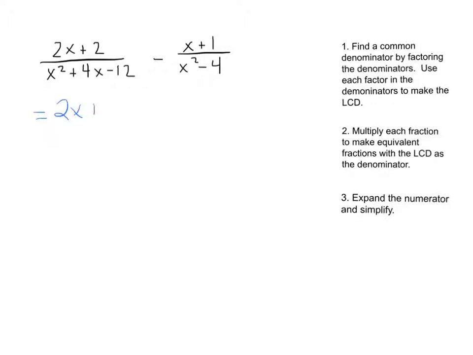So 2x plus 2, but factor the denominator. So the first denominator factors to x plus 6 and x minus 2. The second one is a difference of squares. So x plus 2, x minus 2.